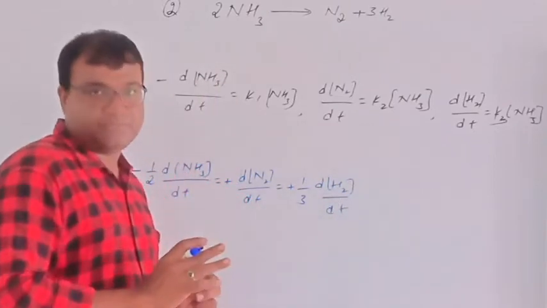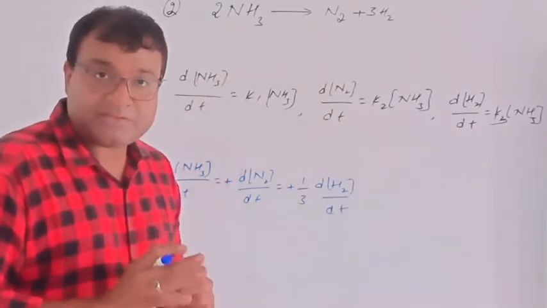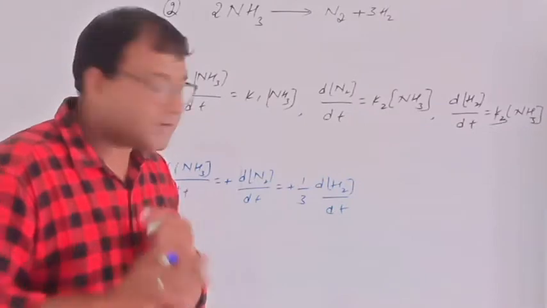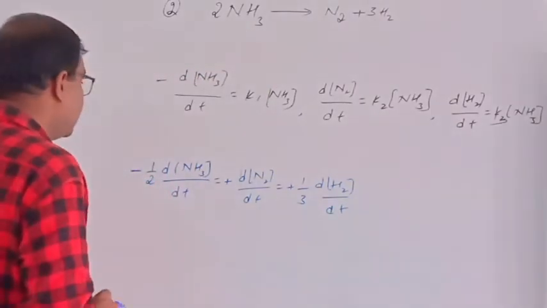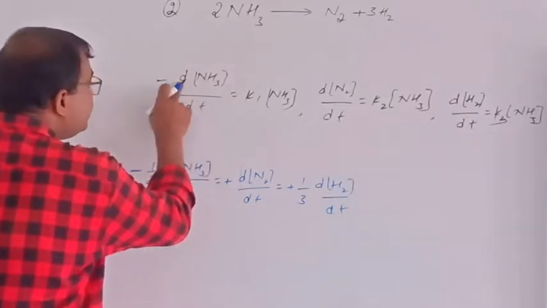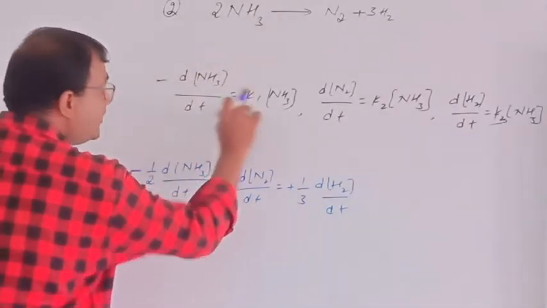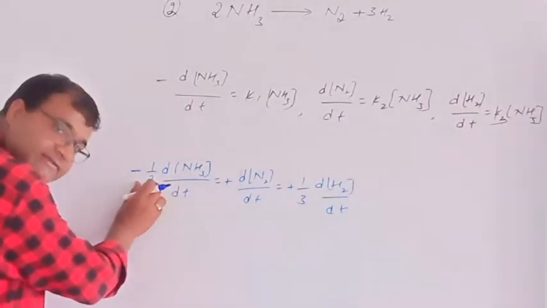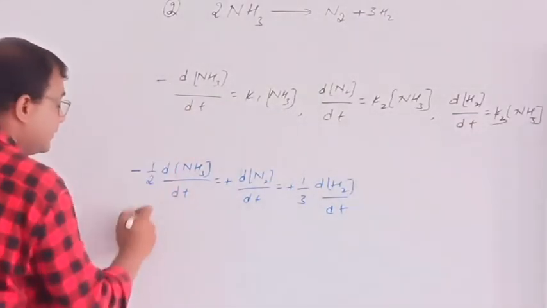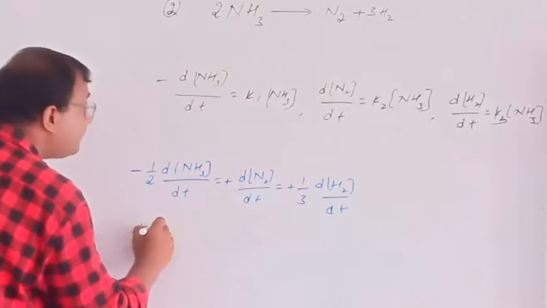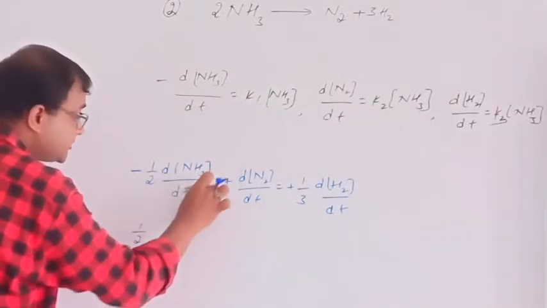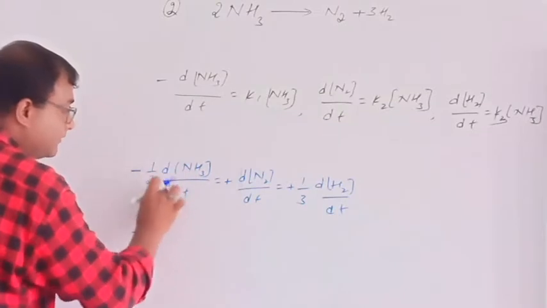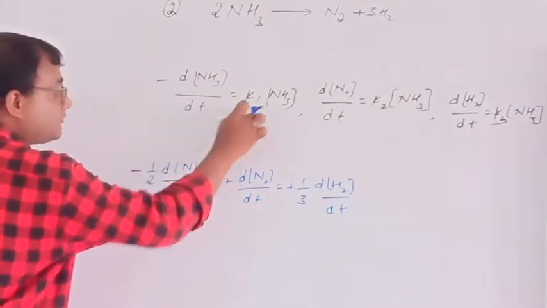So like this we have to write differential rate equation for the given chemical reaction. Now minus d NH3 by dt is equal to K1 into NH3. We'll keep this as it is, minus 1 by 2, this one with minus is equal to this one.